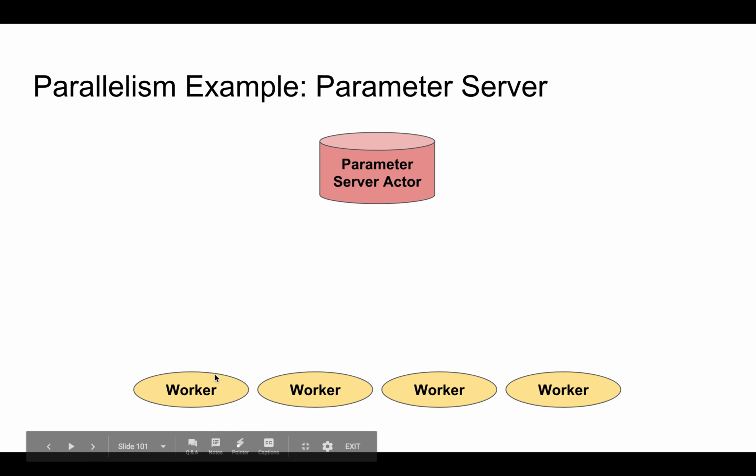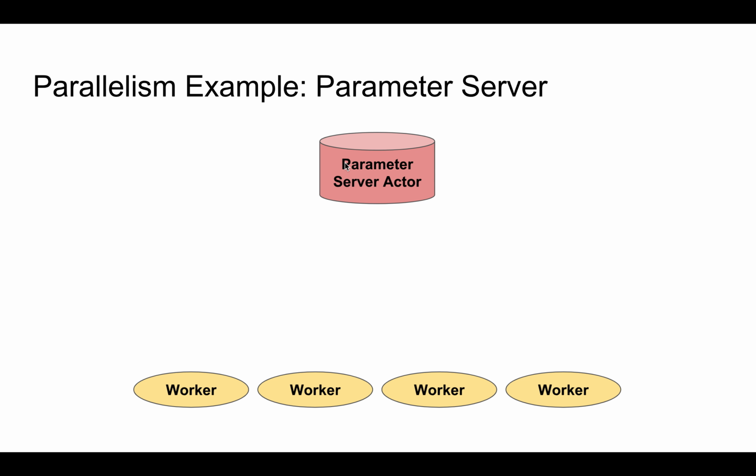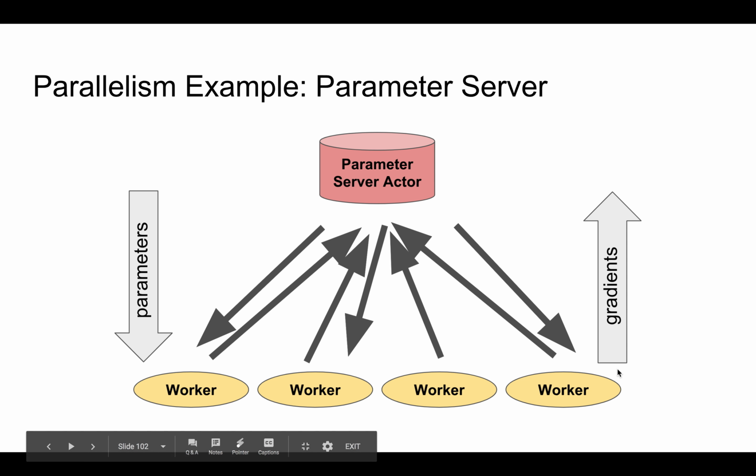So we can have all the workers compute their gradient and then send them to the parameter server to get added together. That updates the model, which is stored in the parameter server, and then the new model gets sent back. So it could look something like this. Workers send gradients to the parameter server, and the parameter server sends parameters back to the workers. That's why it's called a parameter server, because it's serving parameters to the workers.